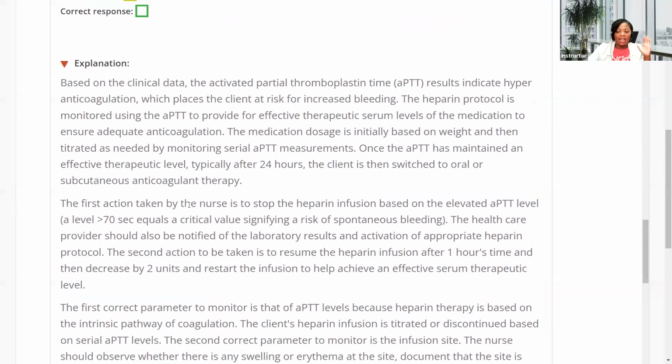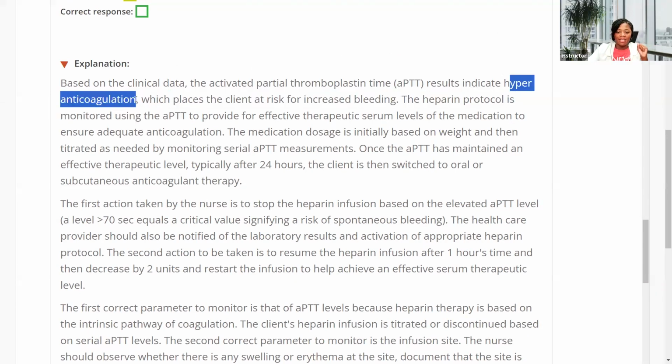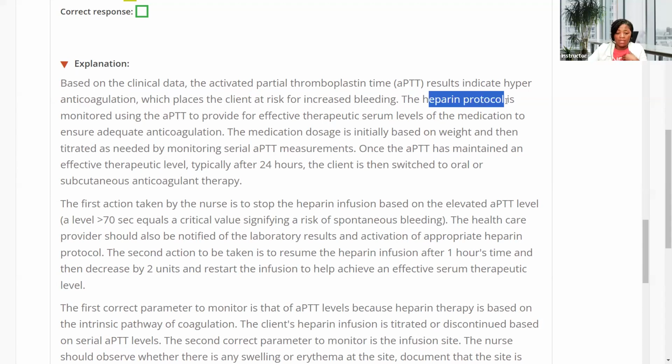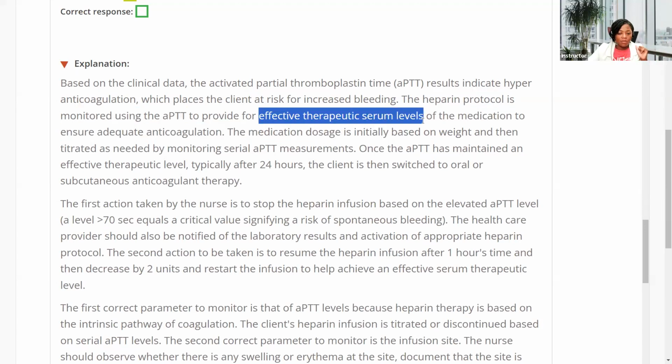To really quickly recap, once again, we saw that the APTT result indicates hyper anticoagulation, which puts the patient at risk for bleeding. All right. When the patient is on heparin, there is a protocol that we follow as nurses, and we have to monitor serial APTTs so that we know the patient is receiving effective treatment, right? We're only going to know that based on the levels, okay?